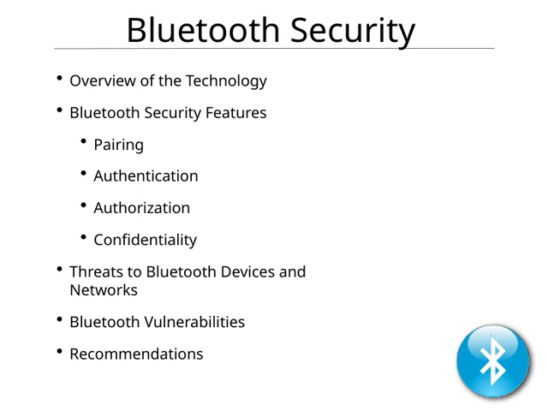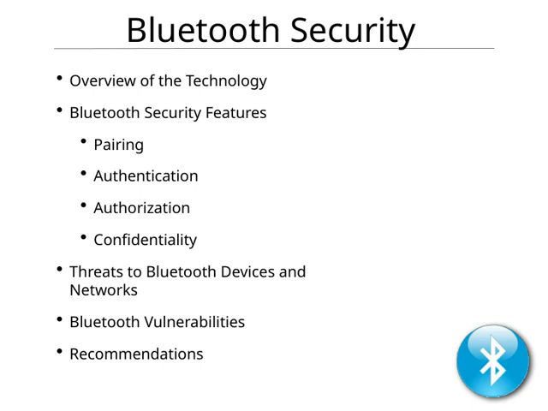However, despite these security measures, Bluetooth devices and networks are still vulnerable. There are various threats, such as eavesdropping, man-in-the-middle attacks, and device impersonation. These vulnerabilities can expose sensitive information or allow unauthorized access. To mitigate these risks, it's important to follow best practices and recommendations.